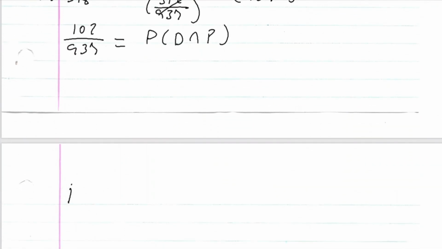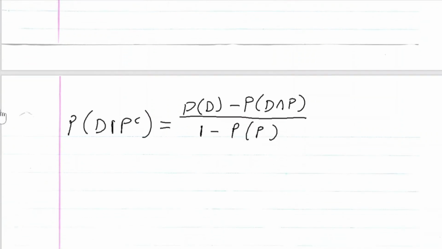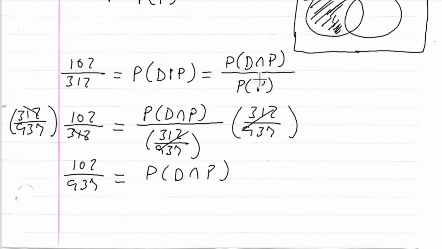So remember, I'm looking for the probability of D given P complement, which I found out to be the probability of D minus the probability of D intersection P, all over 1 minus the probability of P. Well, the probability of D, I know that's 210 over 937.